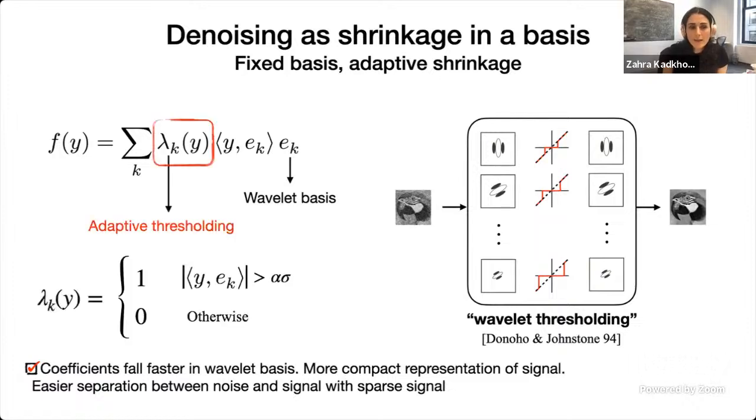But on top of that, people came up with adaptive shrinkage functions instead of fixed shrinkage functions. So that improved the denoising performance even more. Here is a simple example of an adaptive shrinkage function, which is adaptive thresholding, which basically tells you that there is an optimal threshold where every coefficient above that threshold is going to be preserved, and everything below that is going to be set to 0.